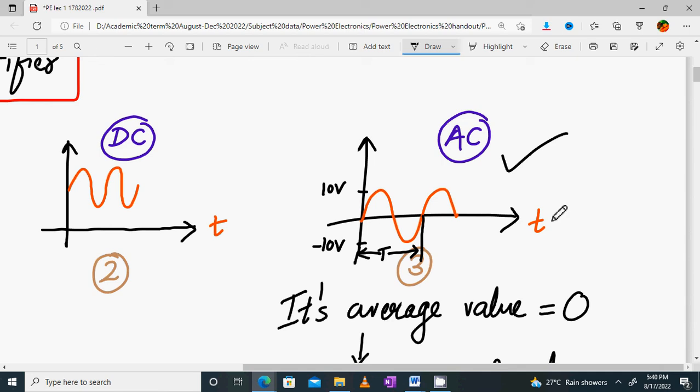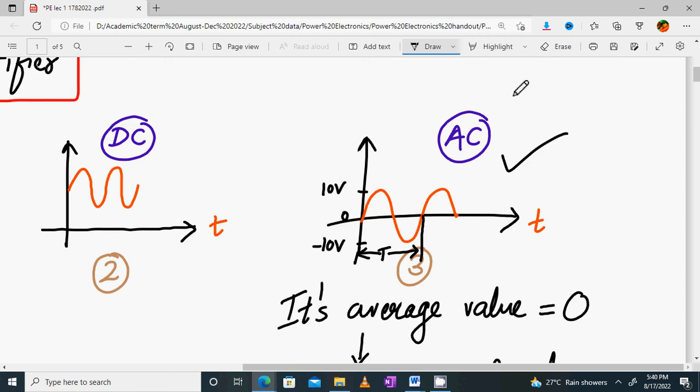The waveform starts from 0, goes to 10, again goes to 0, then goes from 0 to minus 10, then minus 10 to 0. So at the end of one cycle, its average value comes out to be 0. Any AC periodic waveform whose average value is 0 is a pure AC signal.